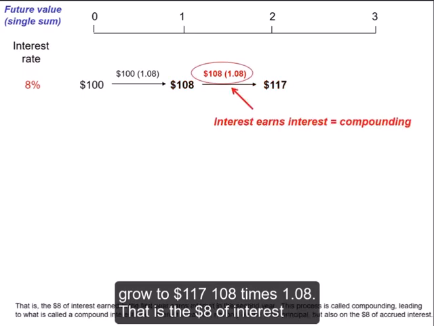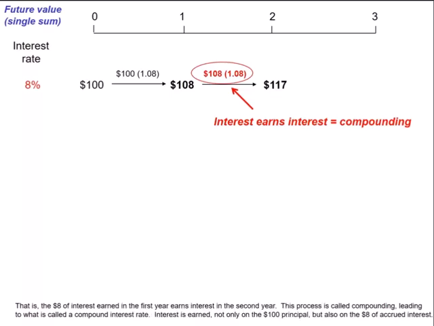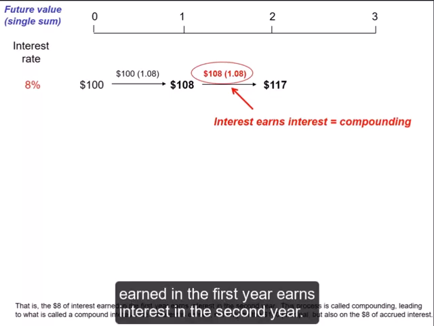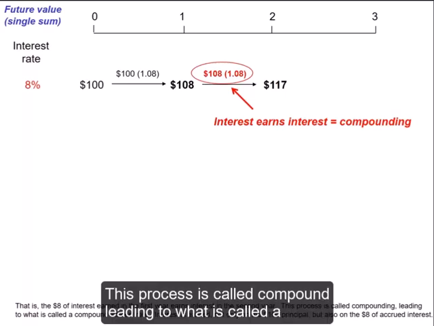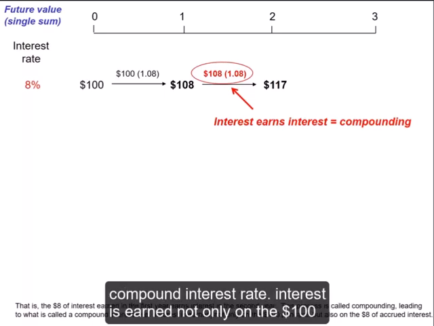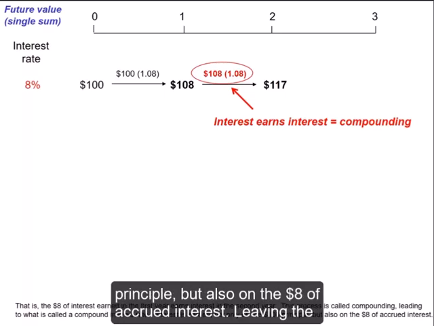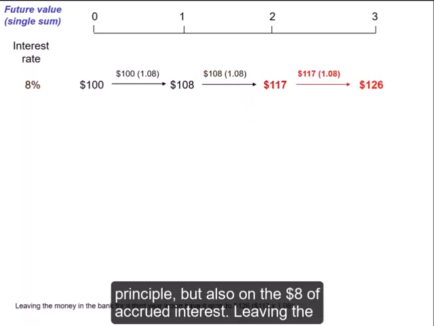That is, the $8 of interest earned in the first year earns interest in the second year. This process is called compounding, leading to what is called a compound interest rate. Interest is earned not only on the $100 principal, but also on the $8 of accrued interest.